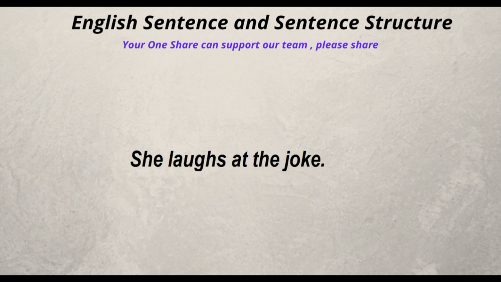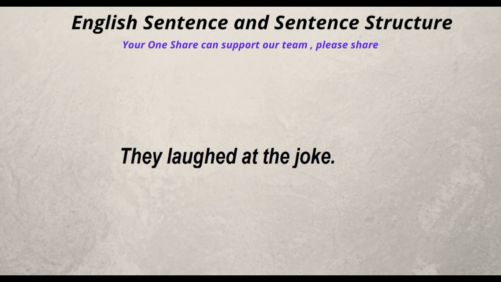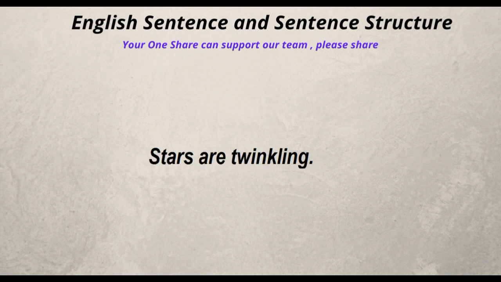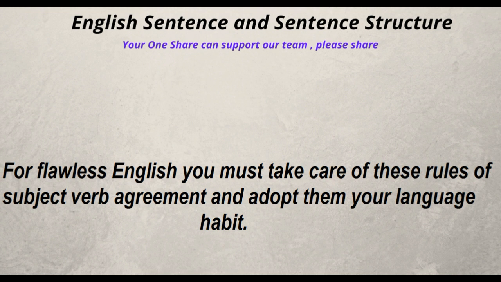She laughs at the joke. They laugh at the joke. The moon is shining bright in the sky at night. Stars are twinkling. For flawless English, you must take care of these rules of subject-verb agreement, and adopt them as your language habit.